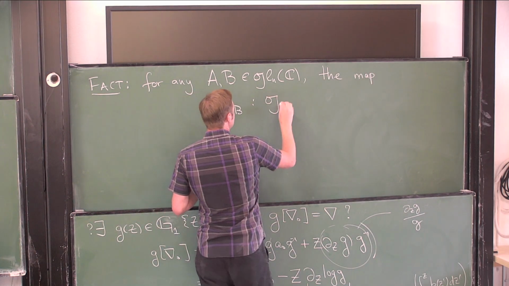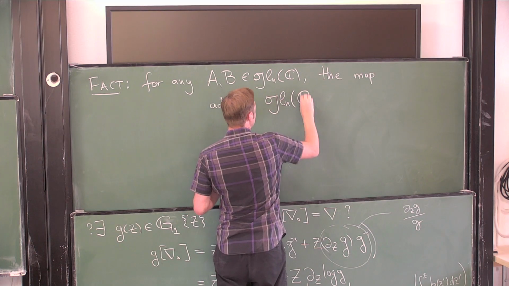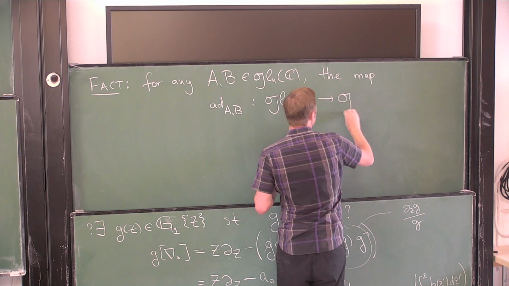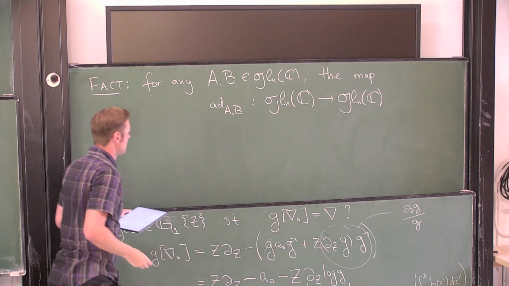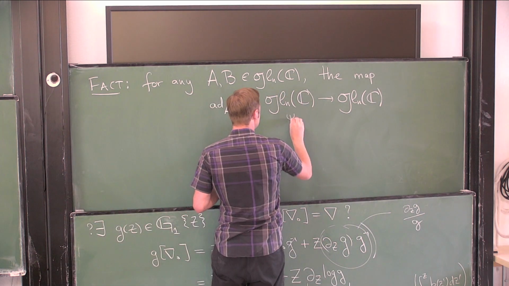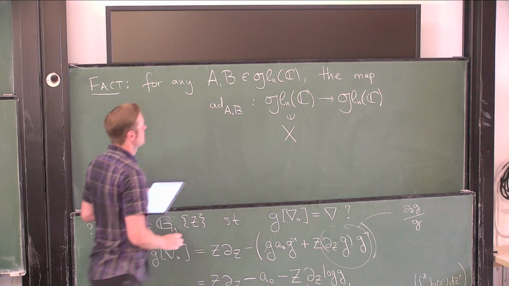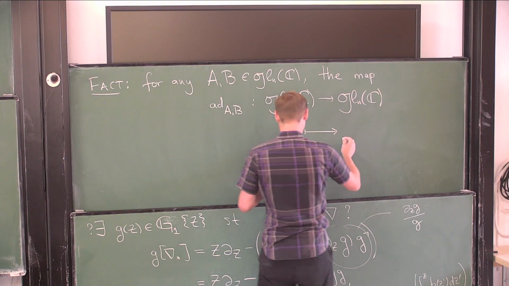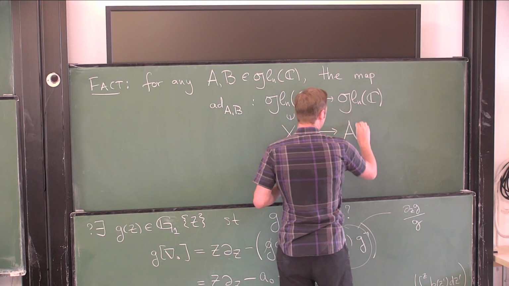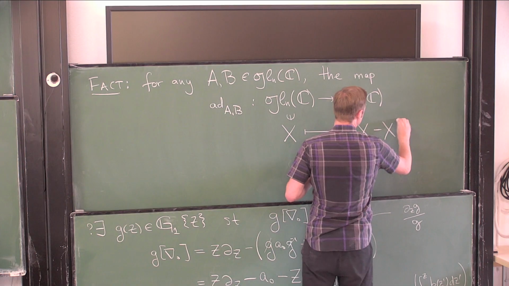It takes a GL_n matrix X to a GL_n matrix, and the formula is AX minus XB.